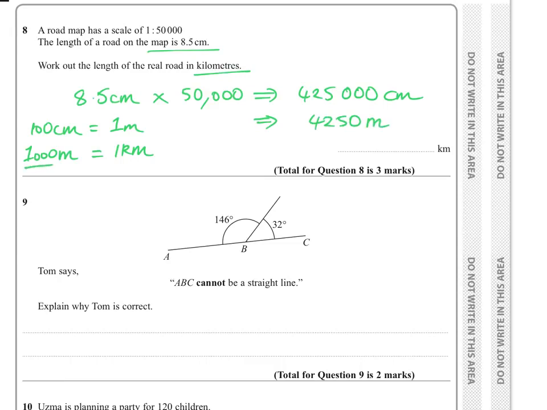So if every 1,000 of those metres gave us only 1 kilometre, then surely we'd just have to divide 4,250 by 1,000. So you can either see that's 4.25, or you can just do it on the calculator and you get 4.25. So 4.25 kilometres is the answer.